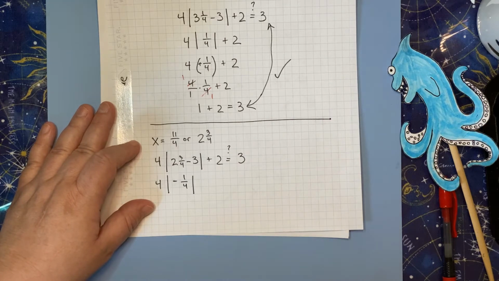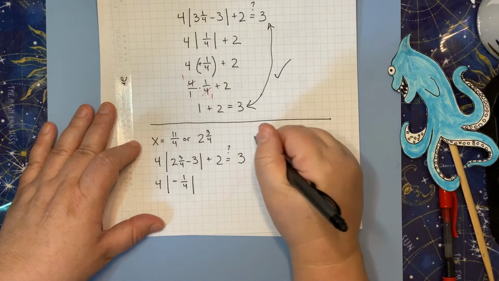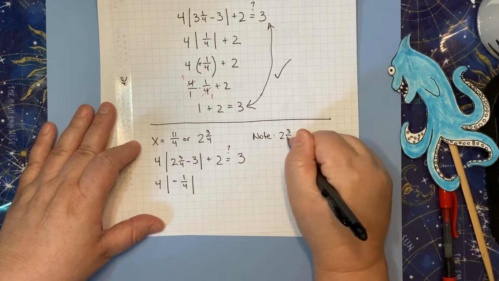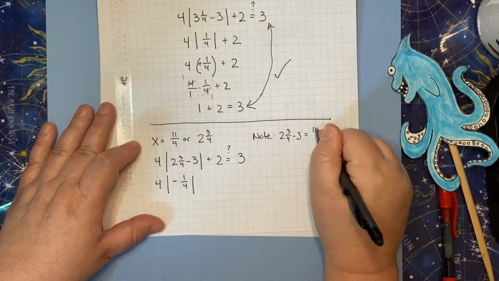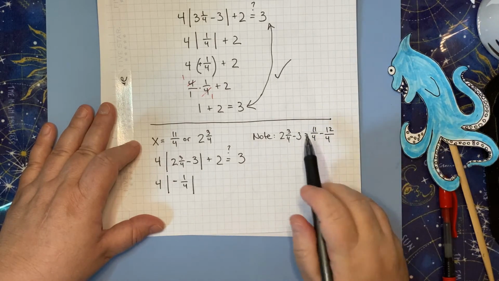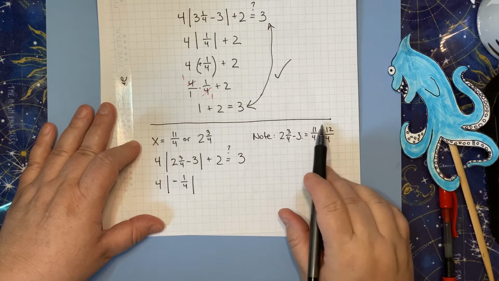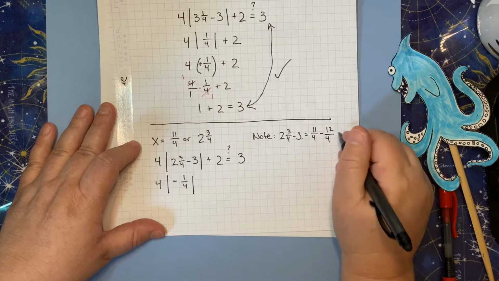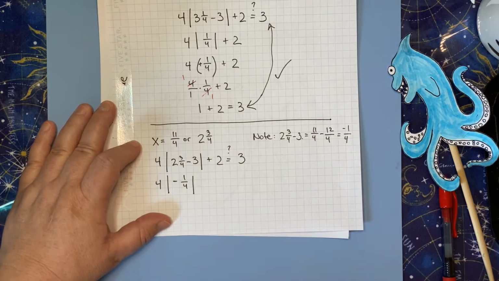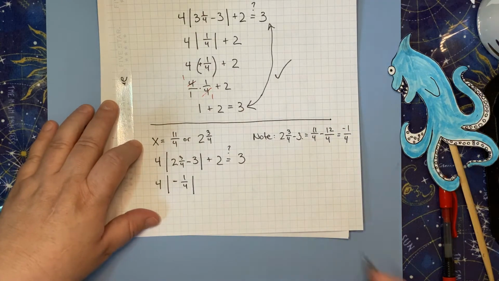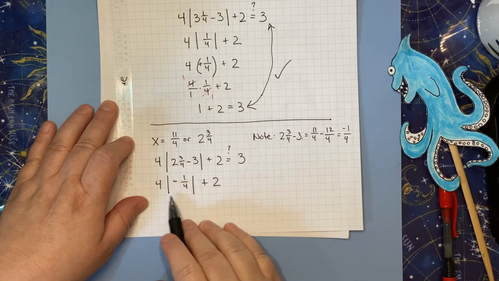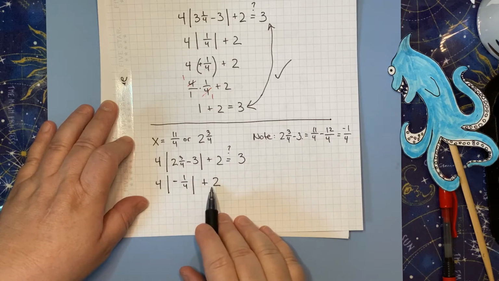If you're not sure about that, you can always write it out as improper fractions instead of the mixed numbers and see that you get a negative 1/4. So I've got 4 times the quantity absolute value of negative 1/4 plus 2.